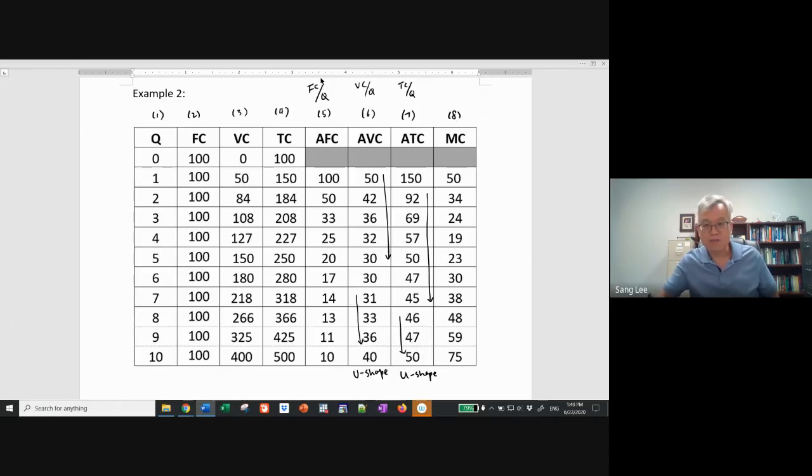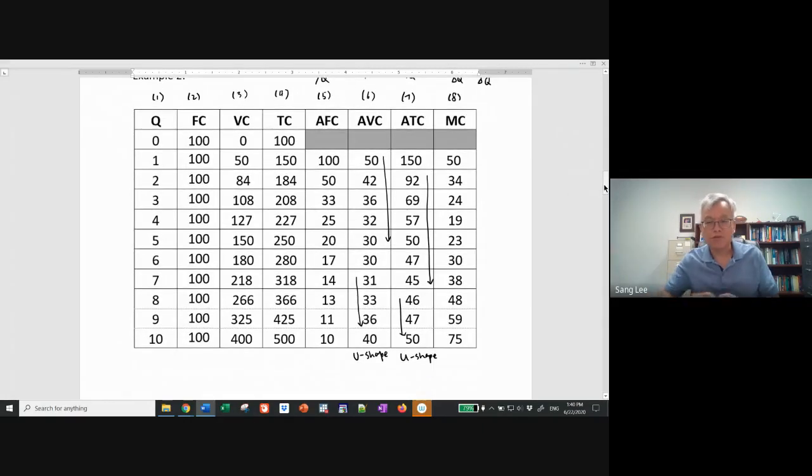So marginal cost is simply change in total cost over change in Q. Or since the fixed cost does not change, if there's any change in total cost, the cost change must be stemming from change in variable cost. So you can define marginal cost this way as well: change in variable cost divided by change in Q. Okay, so here, let's examine what happens to marginal cost as output increases.